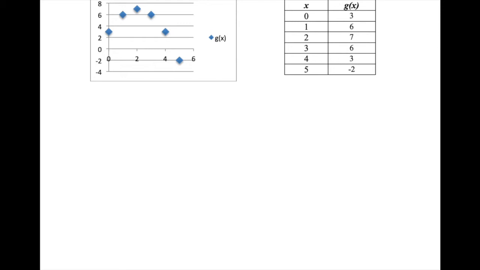That's the second one. The third one, the picture, if you connect those dots together, it will show you a parabola kind of shape. So that means this is a quadratic function. And then they want you to show them the vertex. The vertex is the maximum point of this picture because it opens down.